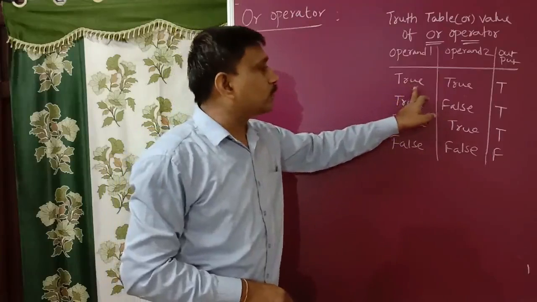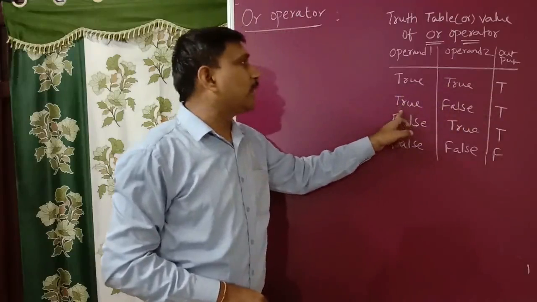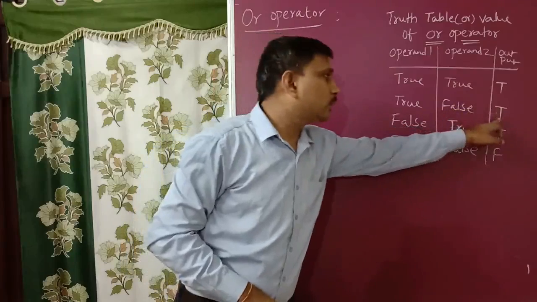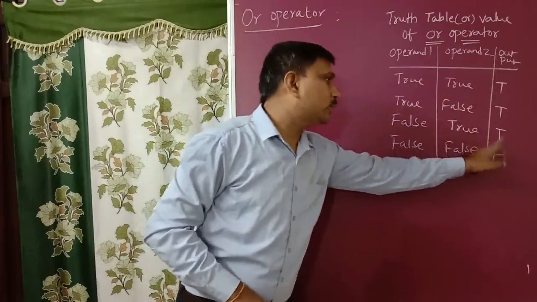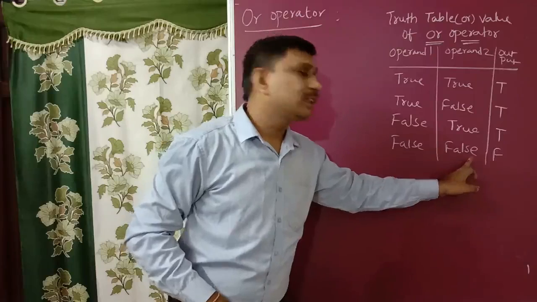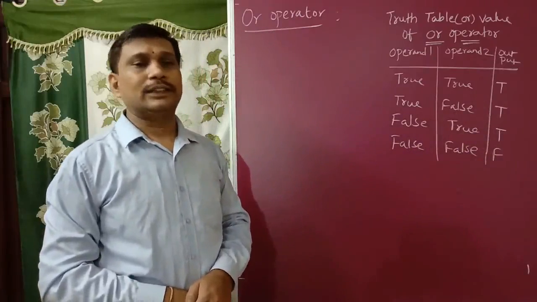First operand true, second operand true, the output is true. First operand true, second operand false, it returns true. First operand false and second operand true, it returns true. First operand false and second operand also false, the final output is false.